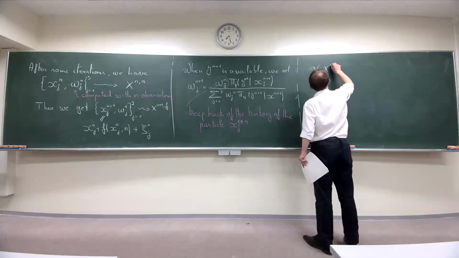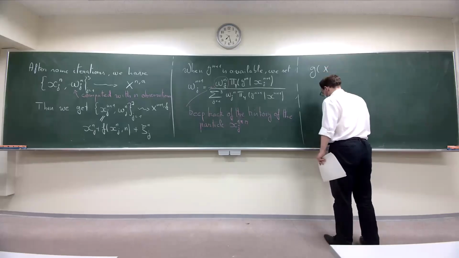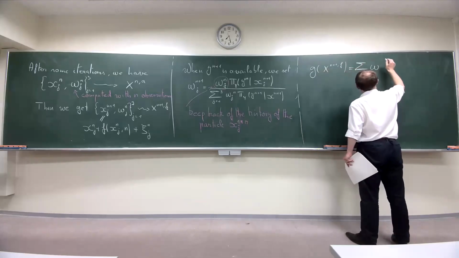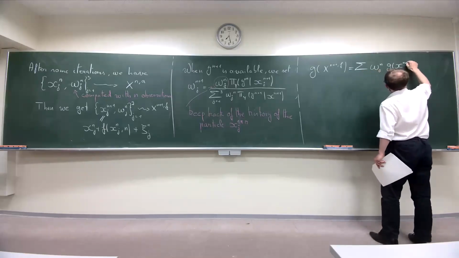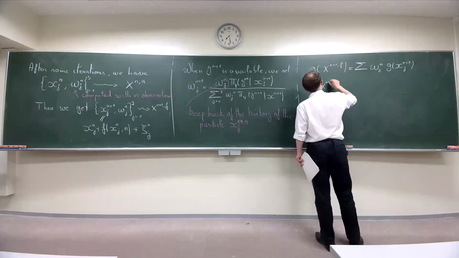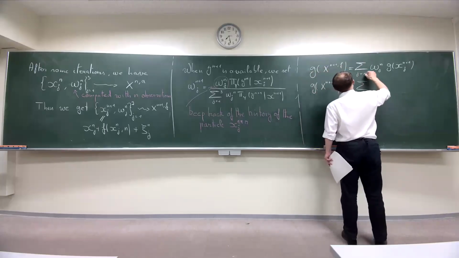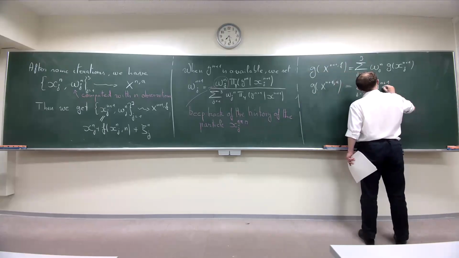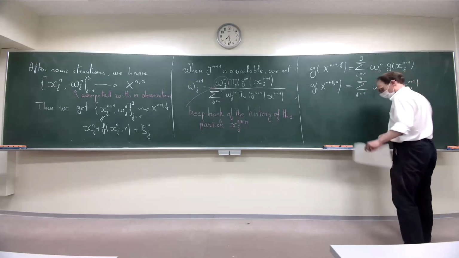The expectation of x_n, or n plus 1, because it's written as n plus 1, is given by the sum of omega_j^n times x_j of n plus 1, the sum for j from 1 up to J. Okay.